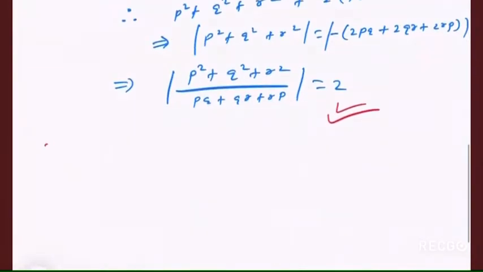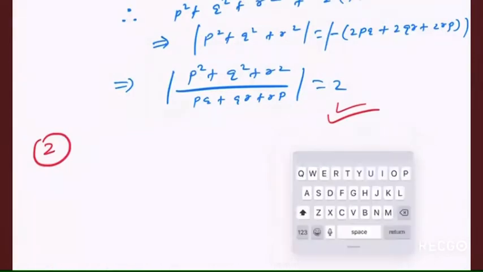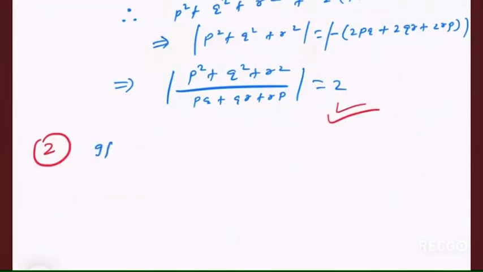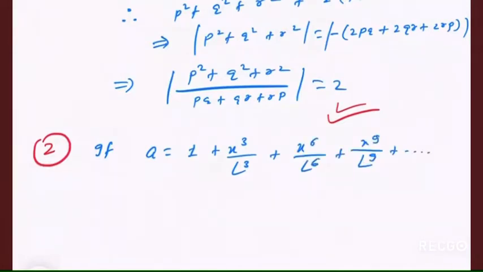Let's move on to the second question, which is being written on your screen, so just wait a minute. The second question says that if a is equal to 1 plus x cube divided by factorial 3 plus x to the power 6 divided by factorial 6 plus x to the power 9 divided by factorial 9, and so on up to infinitely many terms.